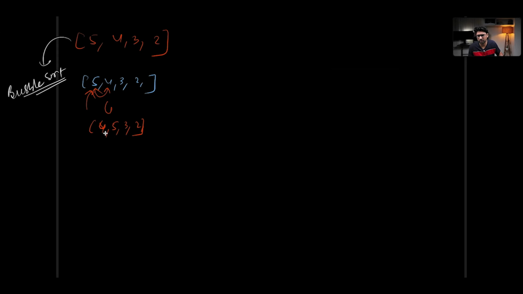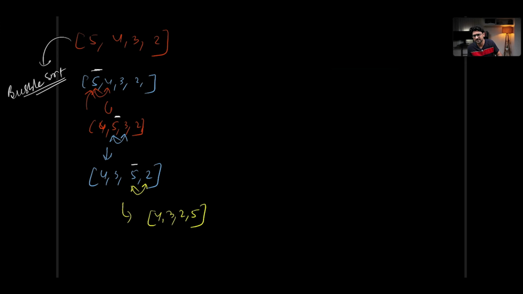Then I compare 5 and 3. Again 5 is more than 3, so I swap and this becomes 4, 3, 5, 2. This larger element was initially on the left, then moved to the right, then further right. Again I compare 5 and 2. Since 5 is more than 2, this becomes 4, 3, 2, 5, and this 5 has finally moved to the right.